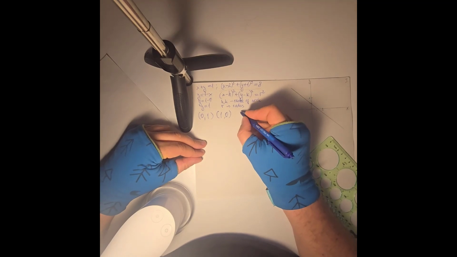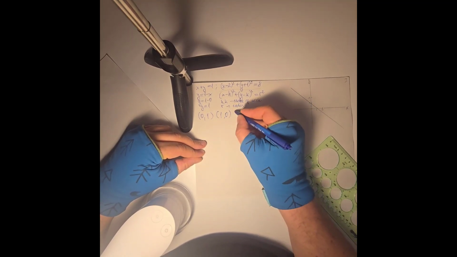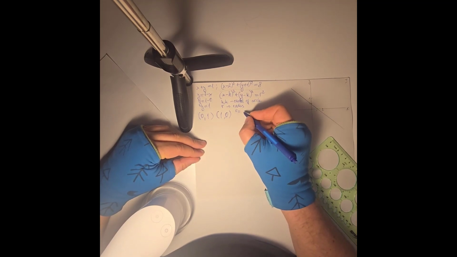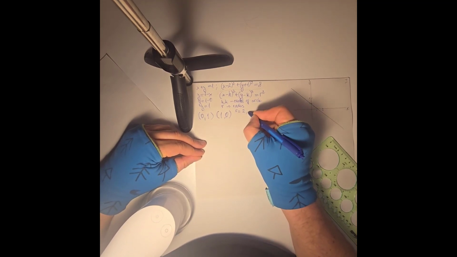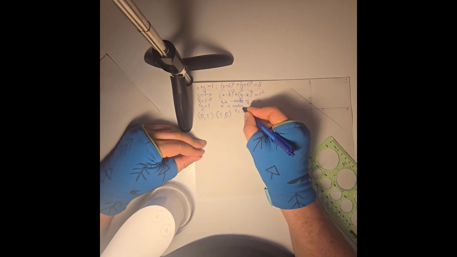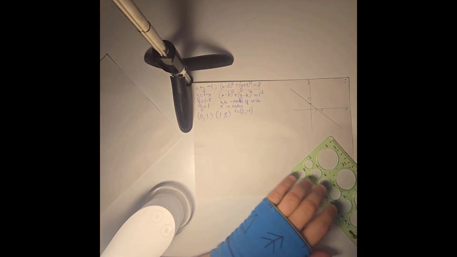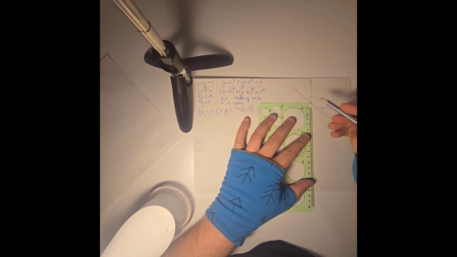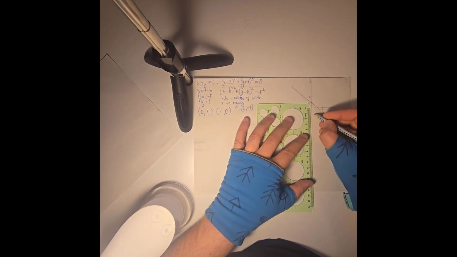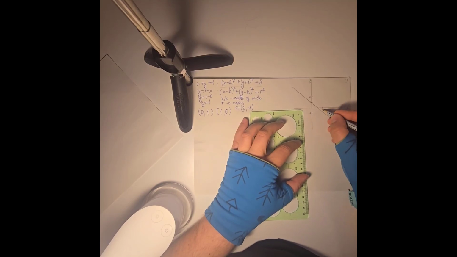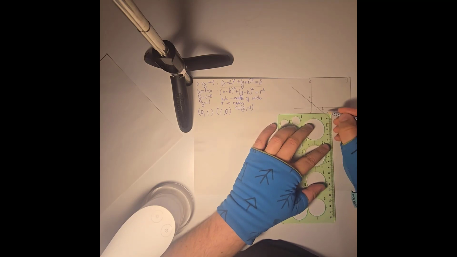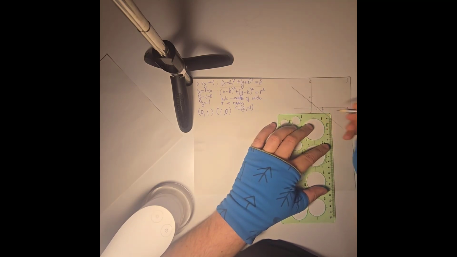So the center is at 2 and minus 1, and I'm going to plot it nicely, making some kind of squares that go like this.